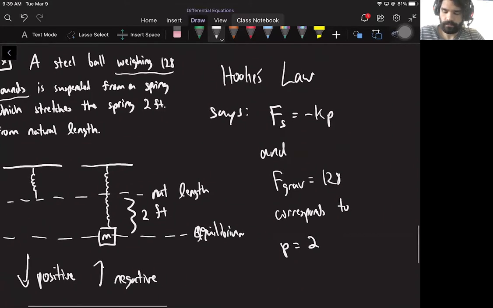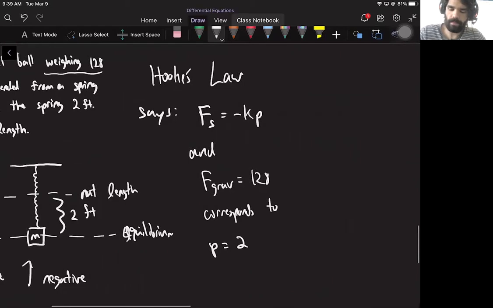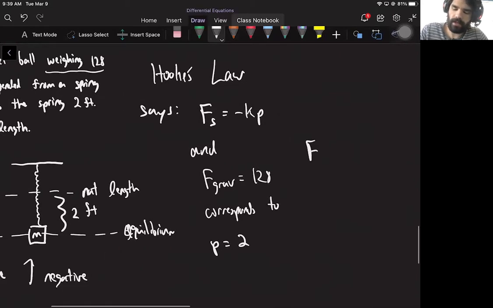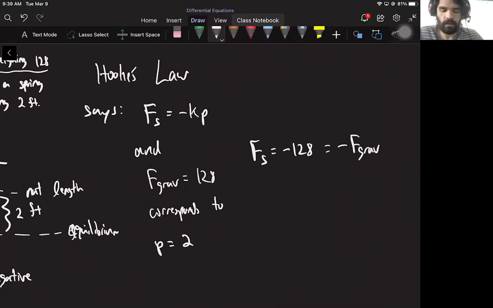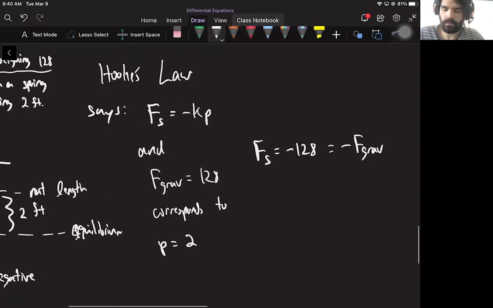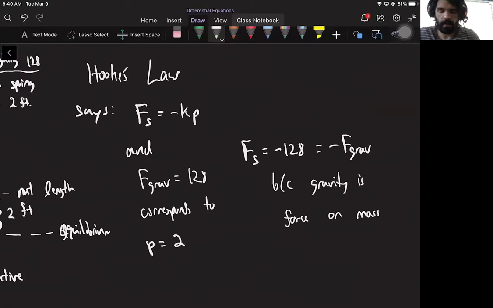So now what we can say is that Fs equals negative 128, because it's equal and opposite to the force on the mass. The force on the mass is gravity, or the force on the spring, however you want to say it.